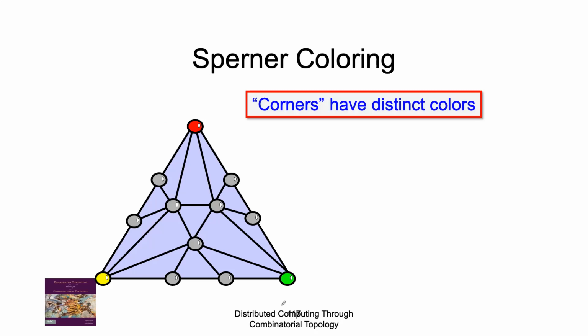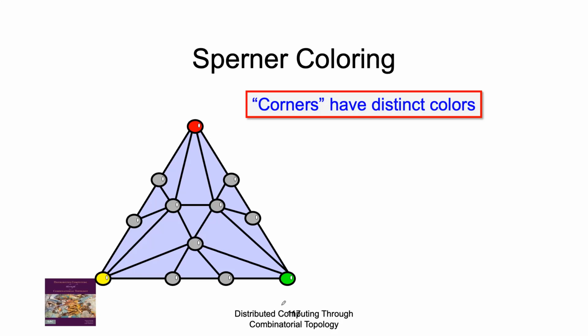Basically, we need to assign colors to every vertex of this subdivision, respecting certain rules. The first rule is that the corners have distinct colors. For an n-dimensional simplex, you have n+1 distinct colors for the endpoints. Okay, so far so good, right?